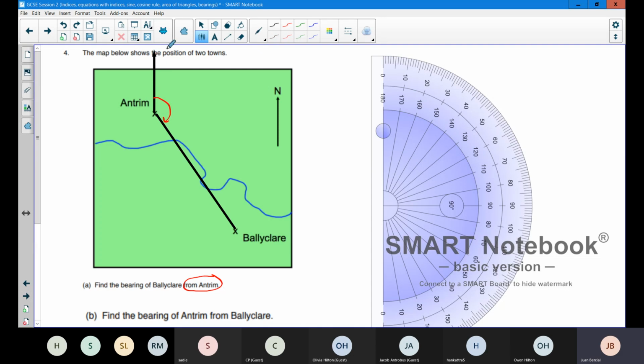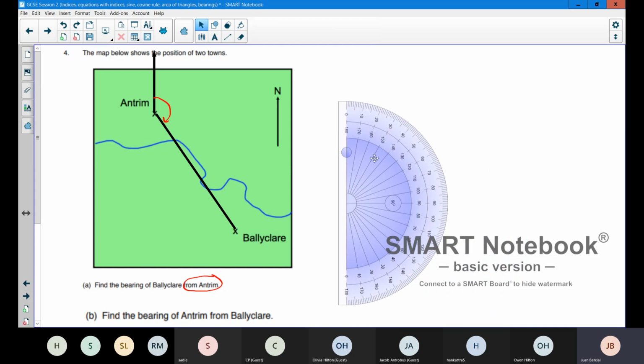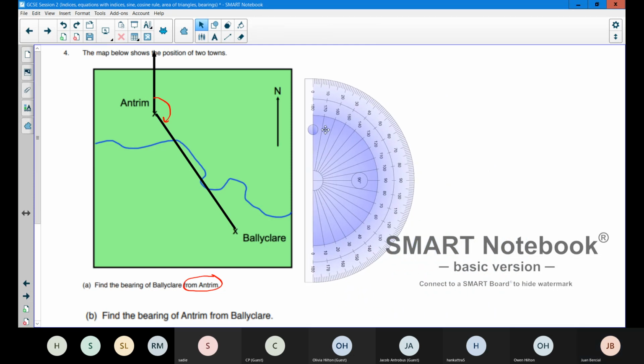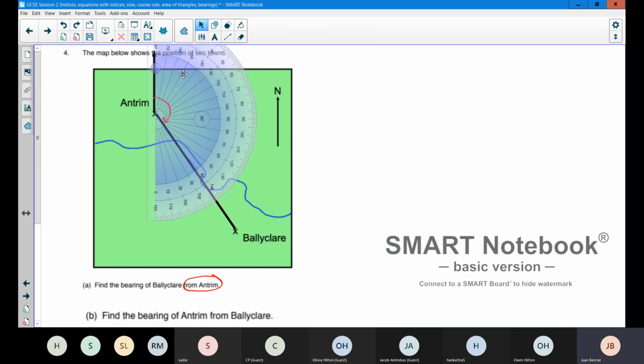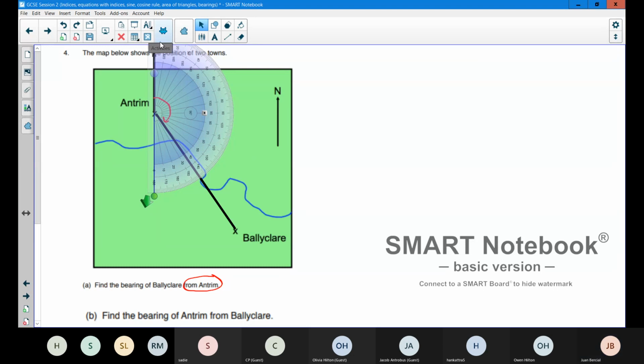Remember my 0 is there, and it has to be an obtuse angle, so it's going to be an angle that is bigger than 90. Maybe that's too big. Let's put it like that. So that's 90. Remember, put it right in the middle.